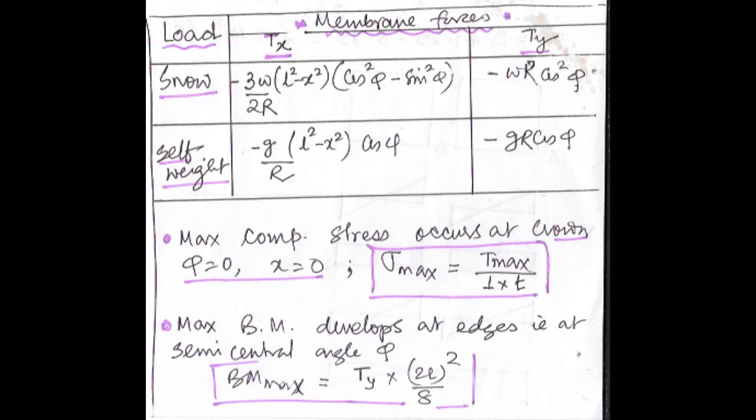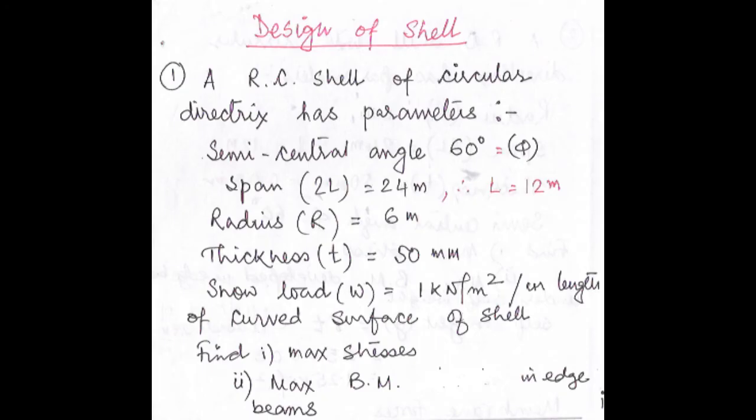So let us take two examples, and this will be clear by solving the example. Let us have a look at the question. An RC shell of circular directrix has parameters: semicentral angle 60 degree, denoted as phi, span 2L equal to 24 meter, hence L equal to 12 meter, radius R equal to 6 meter, thickness T equal to 50 millimeter, snow load W equal to 1 kilonewton per meter square per meter length of curved surface of the shell.